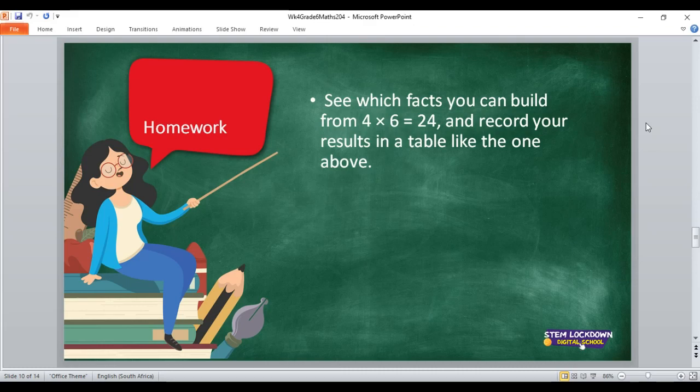And then the 4,000. Now we're multiplying the thousands only. 4,000 multiplied by 6,000. Then we have 24 million.